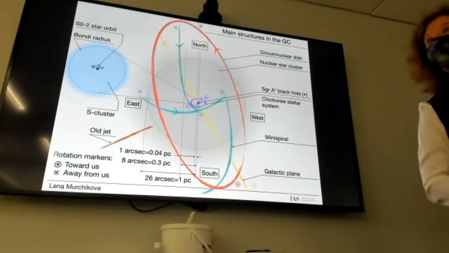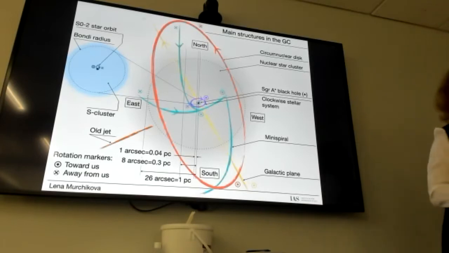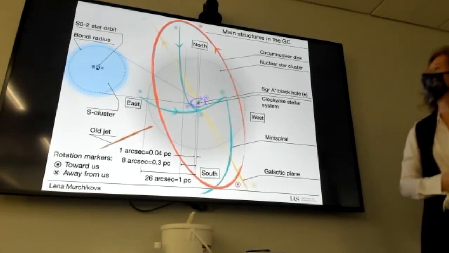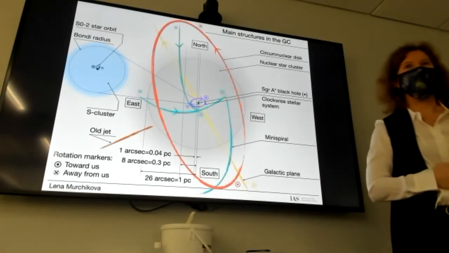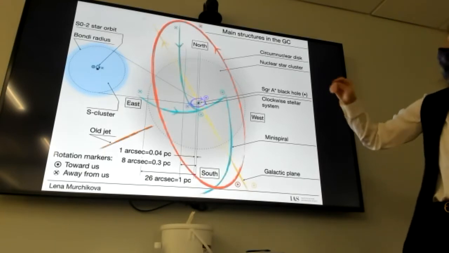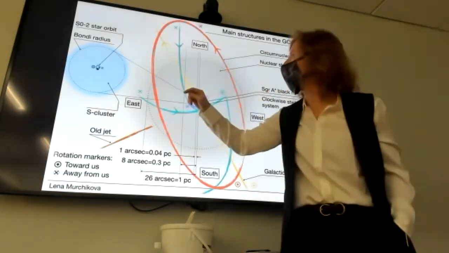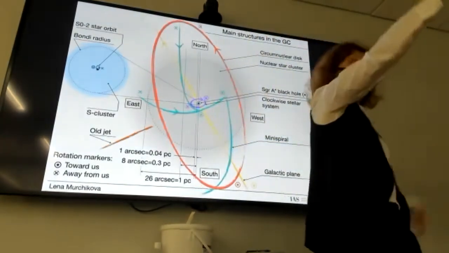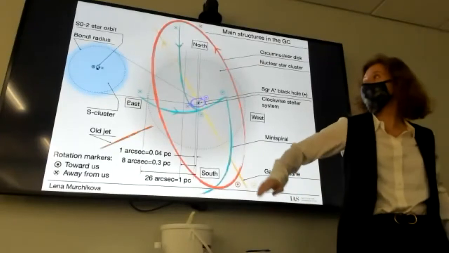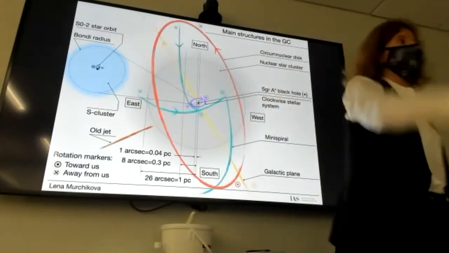This one is the S2 star or SO2 star, it depends who you like more, UCLA or the German group. You can see where my priorities lie. So it goes like this, I'm the black hole. It goes behind me, comes forward and does this.